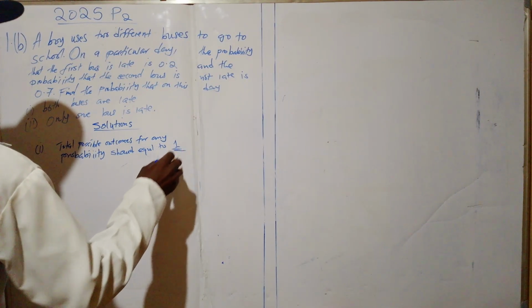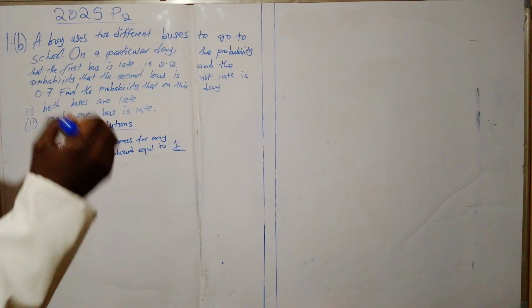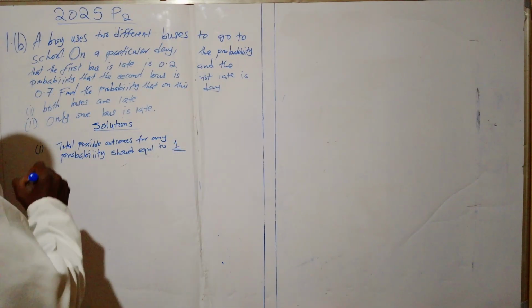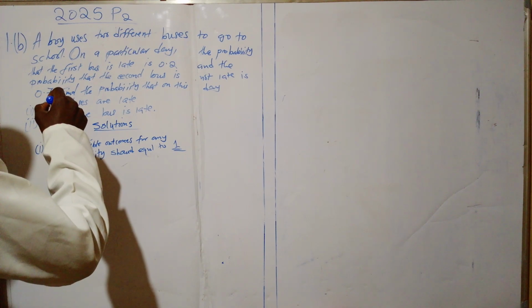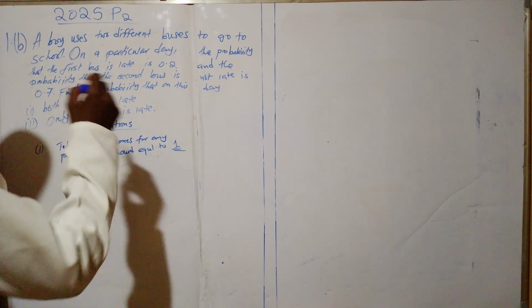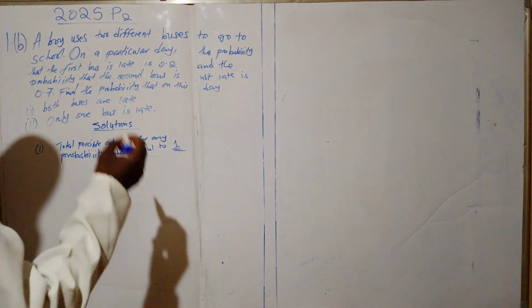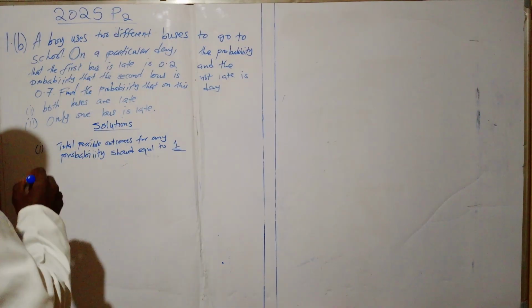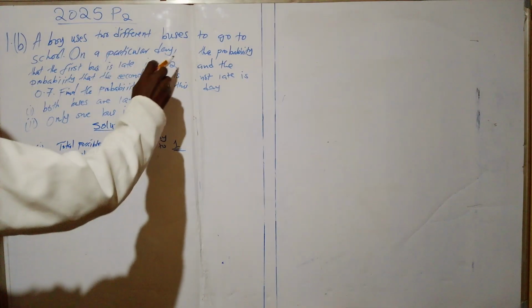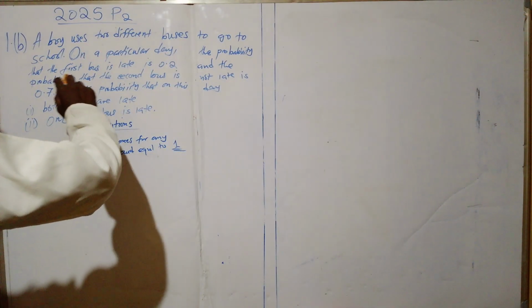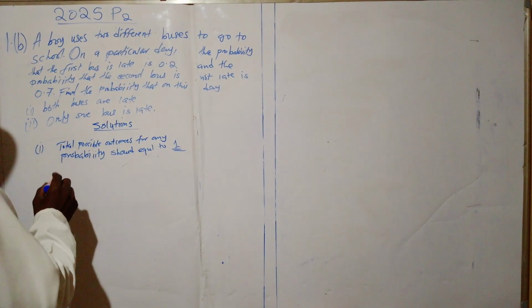So the total of all the possible outcomes for any probability should equal to 1. That means the probability for the bus of it being late and of it not being late should give you 1. That's the total. So given that the probability that the first bus is late is 0.2.